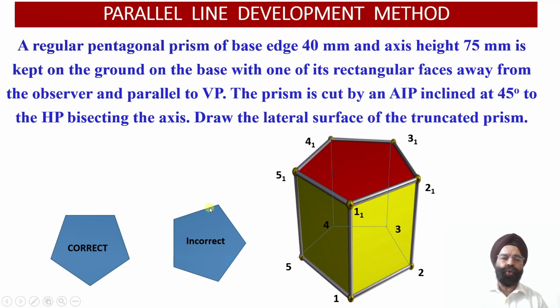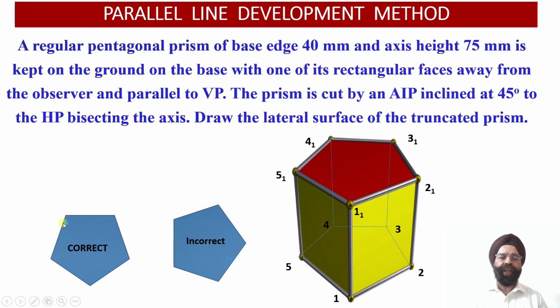If we choose this orientation of the pentagonal prism onto the horizontal plane, we will observe that none of the base edges will be parallel to the vertical plane and away from the observer. So this orientation of the pentagonal prism with respect to the two reference planes happens to be incorrect.